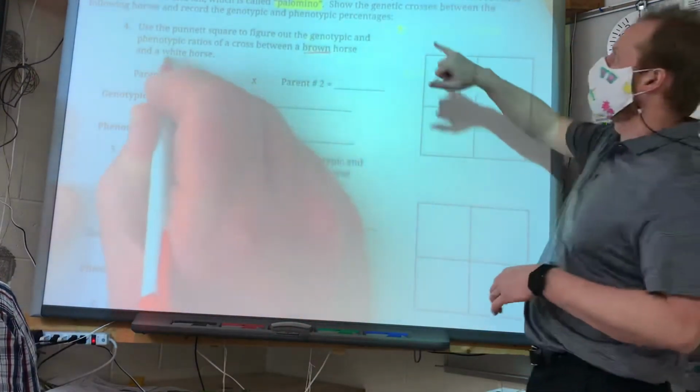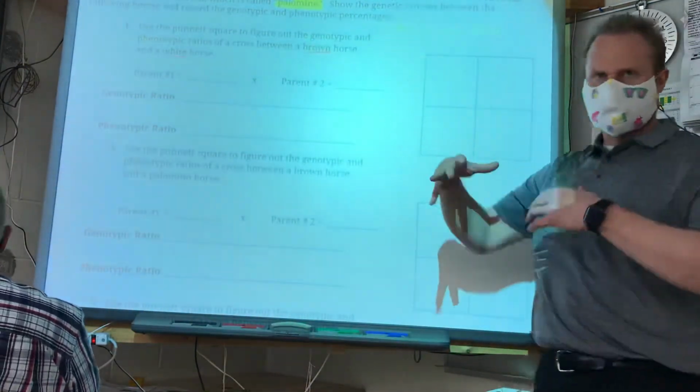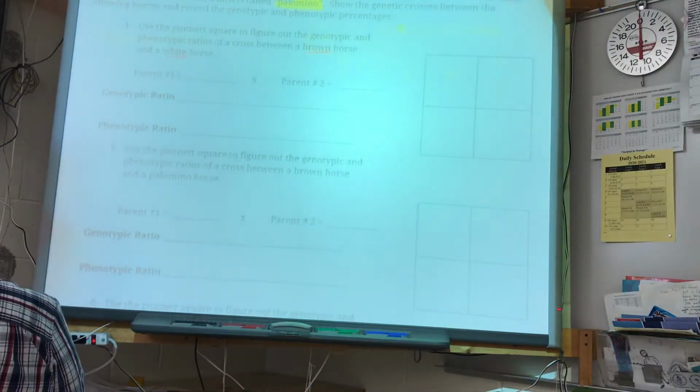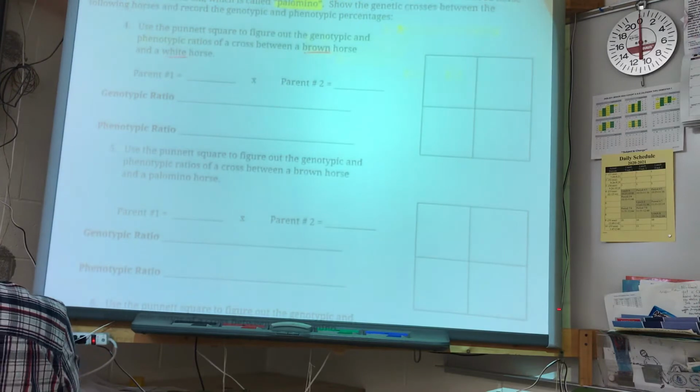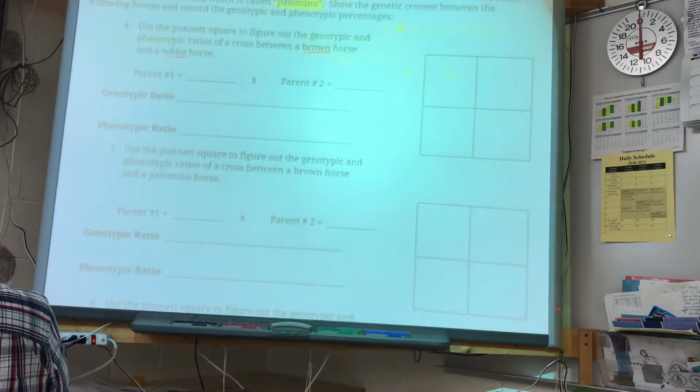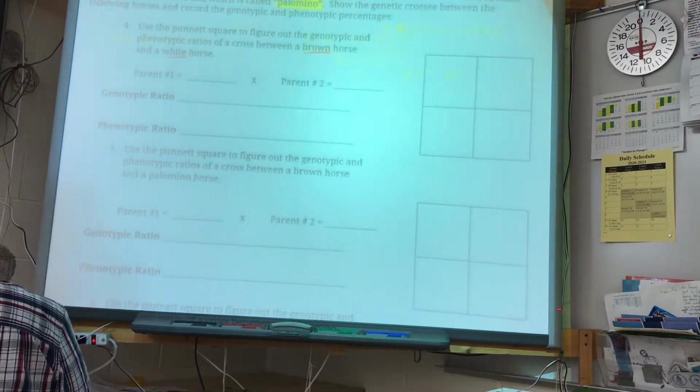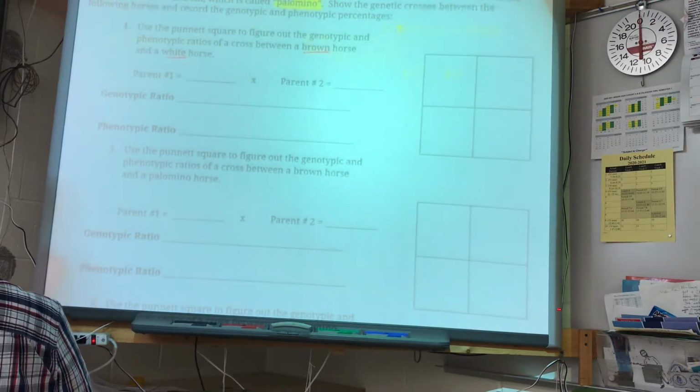So not brown, not white, but kind of a yellowish tan, which apparently is called a palomino.